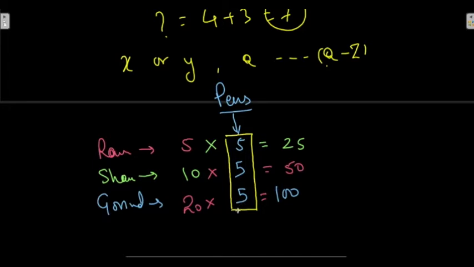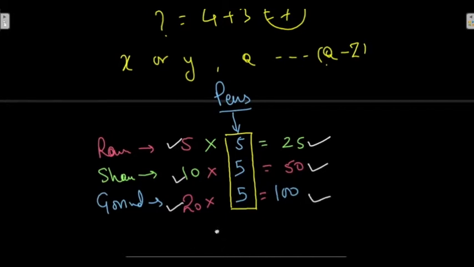It's constant. It is not changing. What is changing is the number of pens you are buying and the amount of money you are paying, right? Number of pens here is 10, what you pay is 50. Number of pens here is 20, what you are paying is 100.